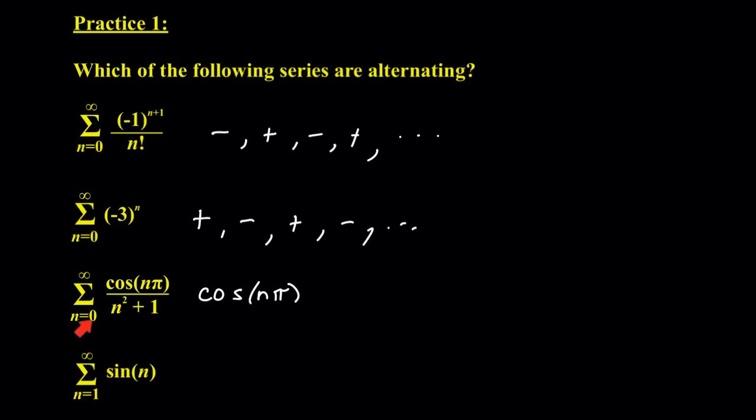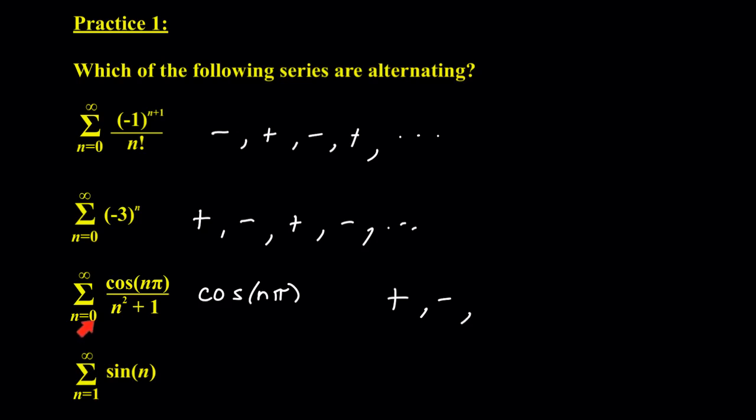We're starting out with n is 0. So when n is 0, you're going to get cosine of 0, which is positive 1. All right, so now let's go to the next number, which would be 1. That would give you cosine of 1 pi, which is negative 1.